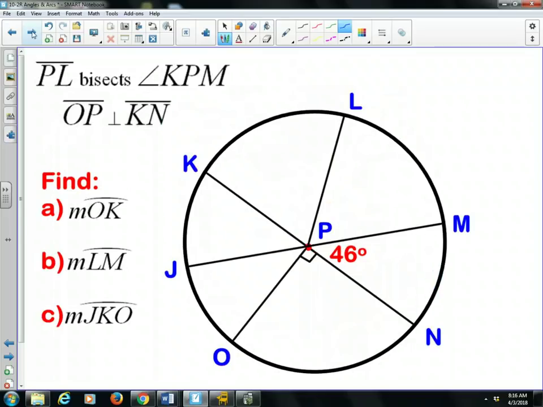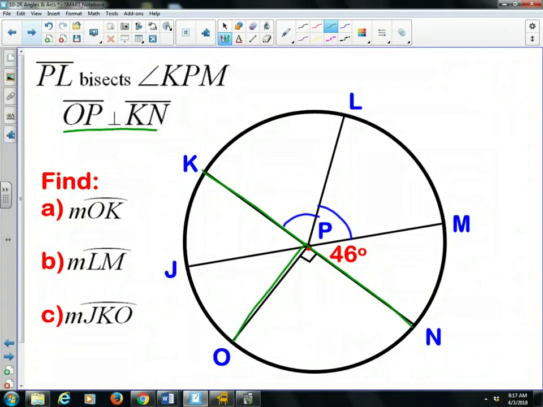All right. On this one, it says PL bisects angle KPM. So if PL bisects KPM, this angle would be congruent to this angle, because PL is a bisector and cuts the angle in half. And then we're given that OP is perpendicular to KN. So this bisects KN.